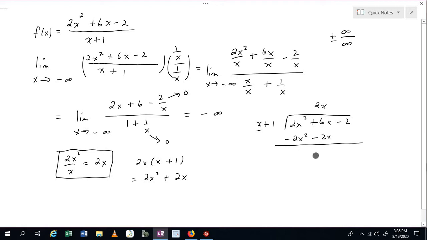Okay, so then we're left with 4x minus 2. And then I'm going to do this again. So I'm going to take this 4x, the first term here, and divide it by the first term here. And of course that's equal to 4. So now I need to multiply by 4. And when I multiply this by 4, I get 4x plus 4.